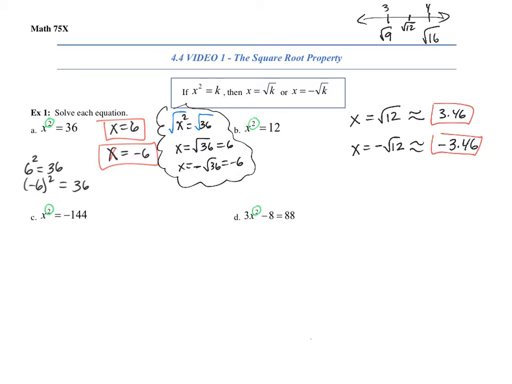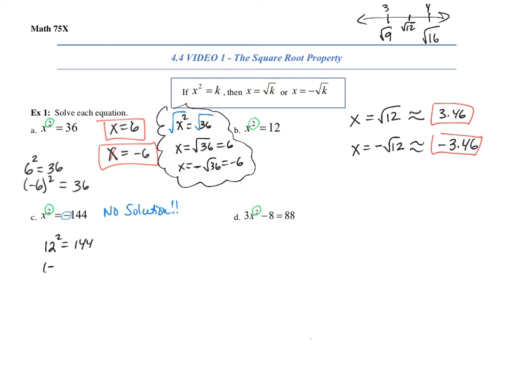All right, moving on. So here, just be careful because this has this negative right here, which is going to mean that there's no solution. Because if you try and take a number like 12 and square it, you'd get 144, which is positive. So that doesn't work.